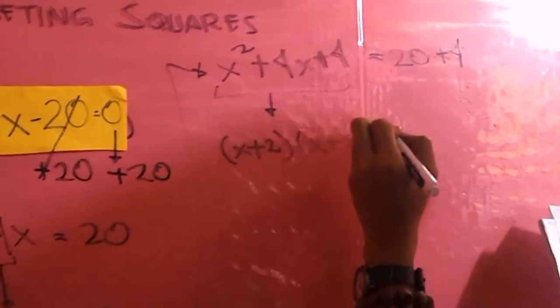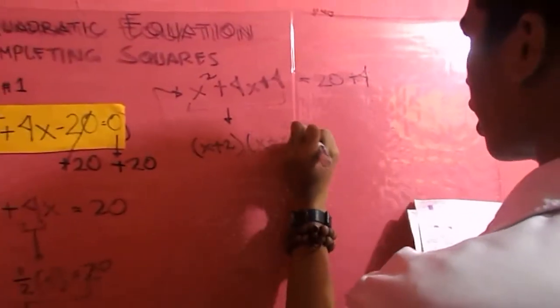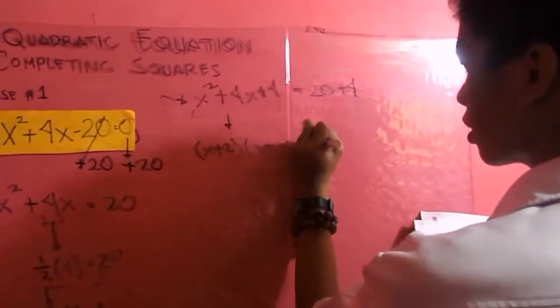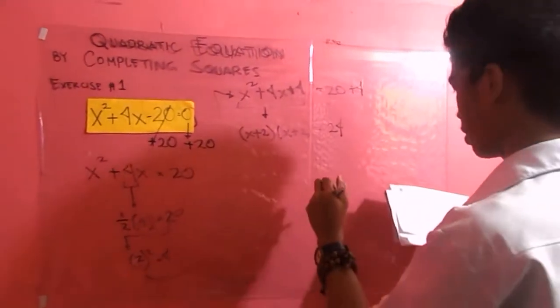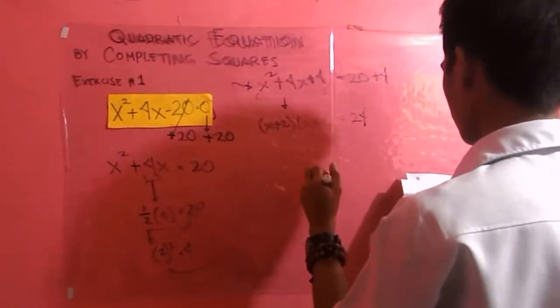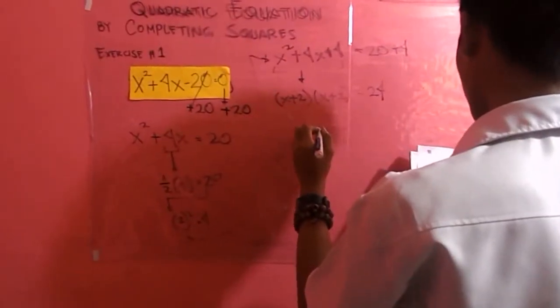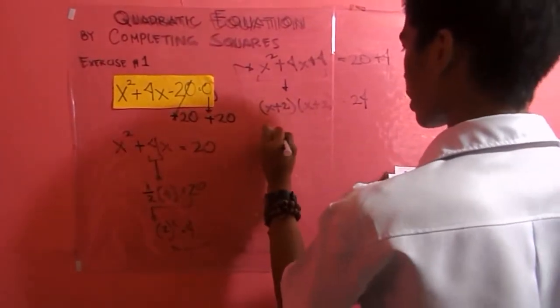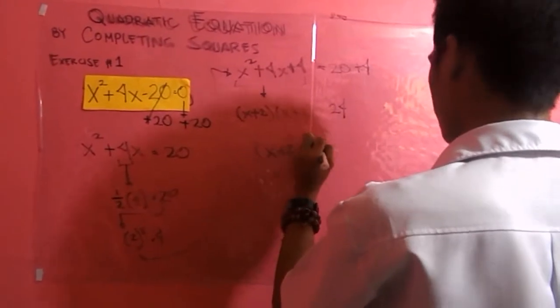And 20 plus 4 is 24. And get the perfect square: x plus 2 squared.